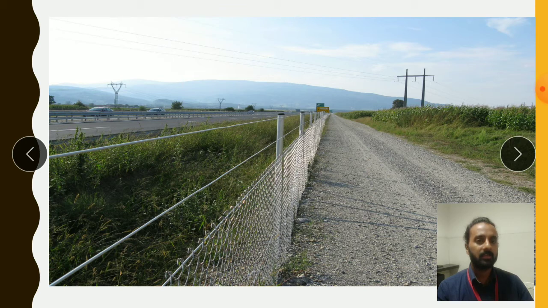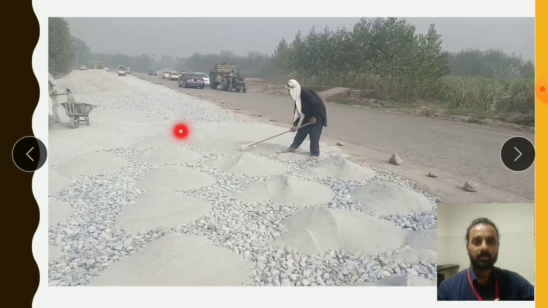The layer is laid with the help of a mix of water, and then compacted and constructed. Yes, this is an example of a WBM, waterbound macadam. After that, water is mixed with this layer.